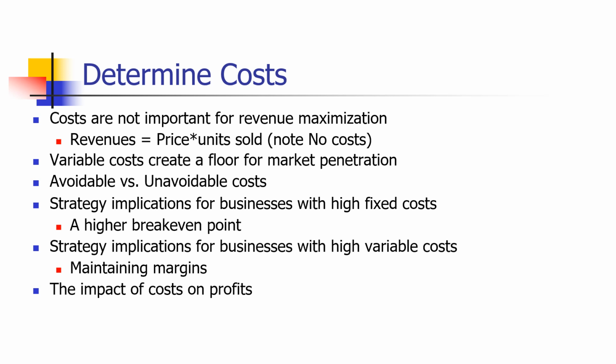While we talk about fixed costs and variable costs, sometimes pricing experts talk about avoidable versus unavoidable costs. An example of this would be, let's assume that you own a bar and you're trying to decide whether or not to have a drink special on Friday afternoons.